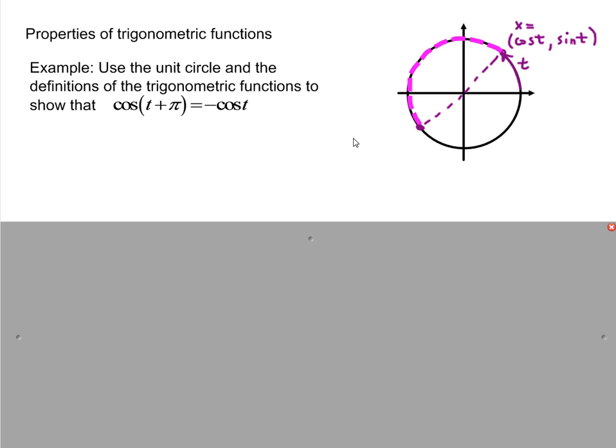Well, in quadrant 3, since this is our arc length right here of t plus pi, the cosine of t plus pi would be the x-coordinate, and the sine of t plus pi would be the y-coordinate.